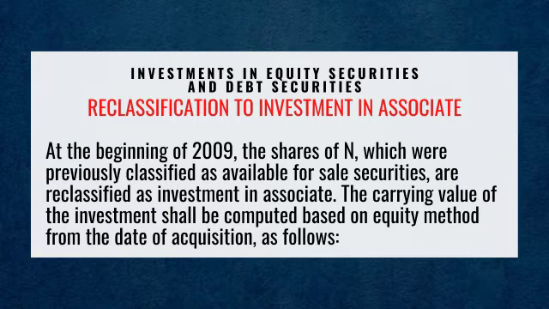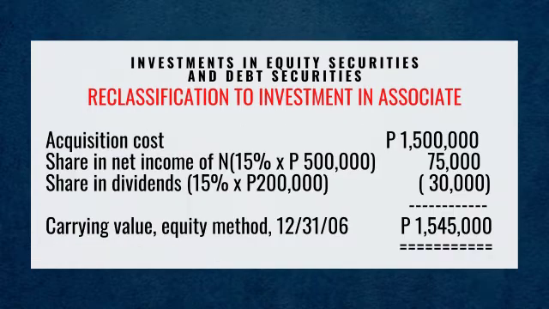of acquisition as follows: acquisition cost, 1,500,000 pesos. Share in net income of N, 15% multiplied by 500,000 pesos is 75,000 pesos. Share in dividends, 15% times 200,000 pesos is 30,000 pesos.